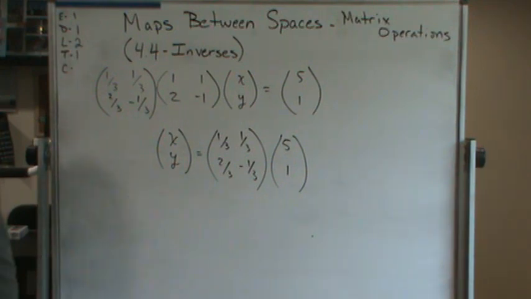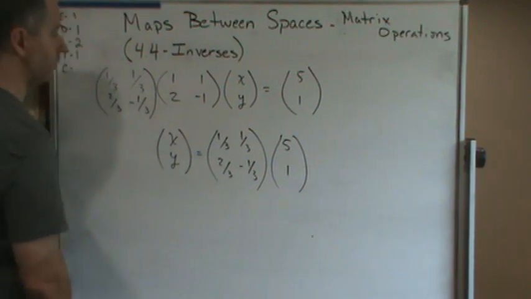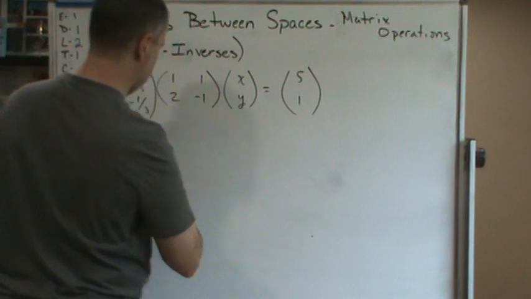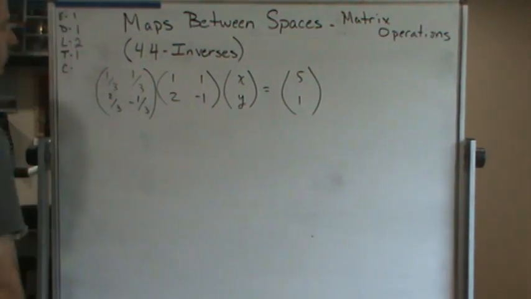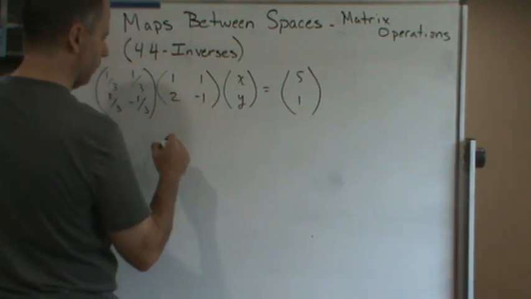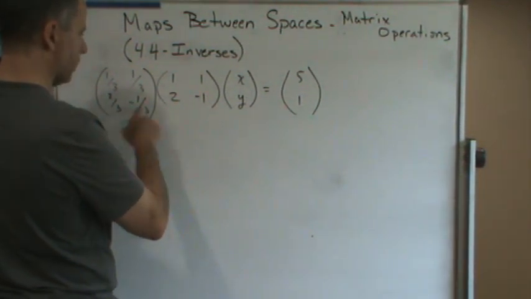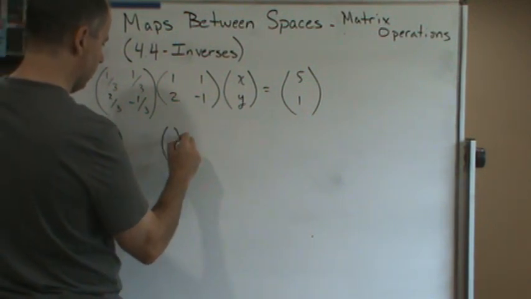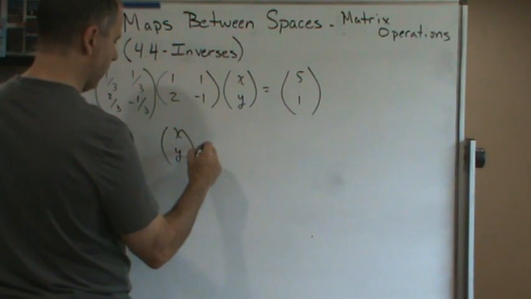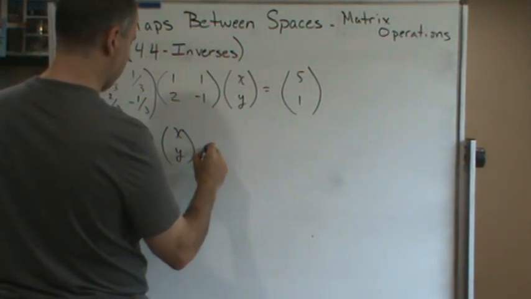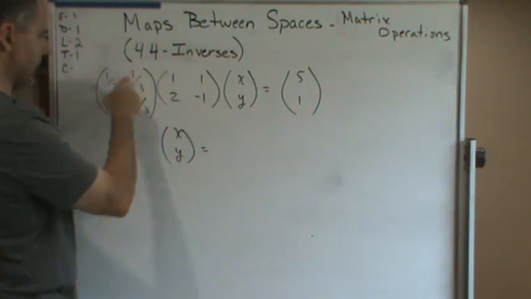Or actually, hold on. Yeah, that's right. Because if we multiply on both sides, we'll get xy equals, because this will give us the identity.